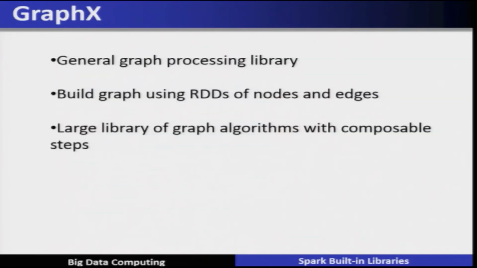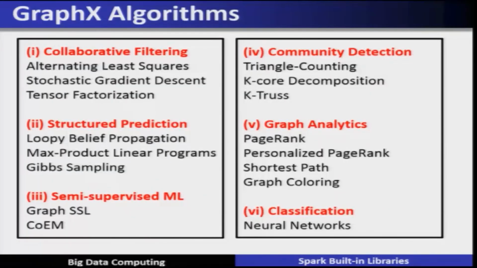So, GraphX is a general purpose graph processing library, and it builds the graph using RDDs of the nodes and edges. A large library of graph algorithms is available as part of GraphX. So, let us summarize some of the algorithms which are available in the GraphX library for graph processing. Collaborative filtering, structured prediction, semi supervised machine learning, community detection, graph analytics, and classification using neural networks.